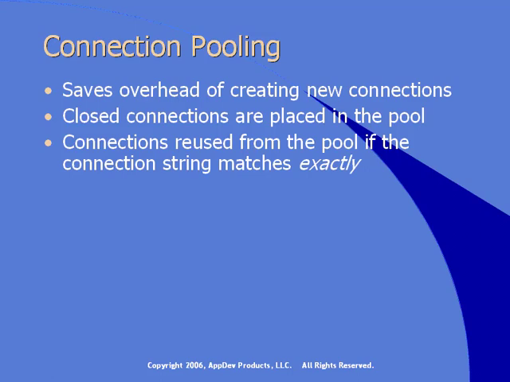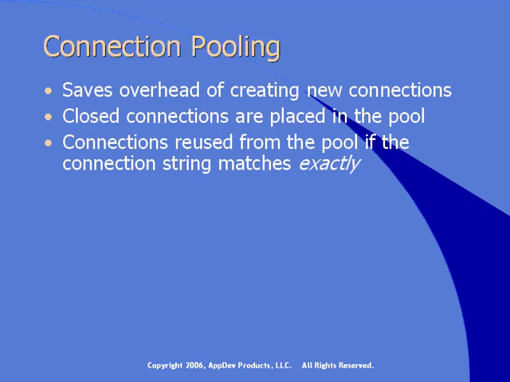It's very important to realize that it's not just that you have to be set to the same properties. In other words, if you have one connection in the pool that says initial catalog equals Northwind, and you open a connection where you specify database equals Northwind, well, in reality, those would both be the same connection.